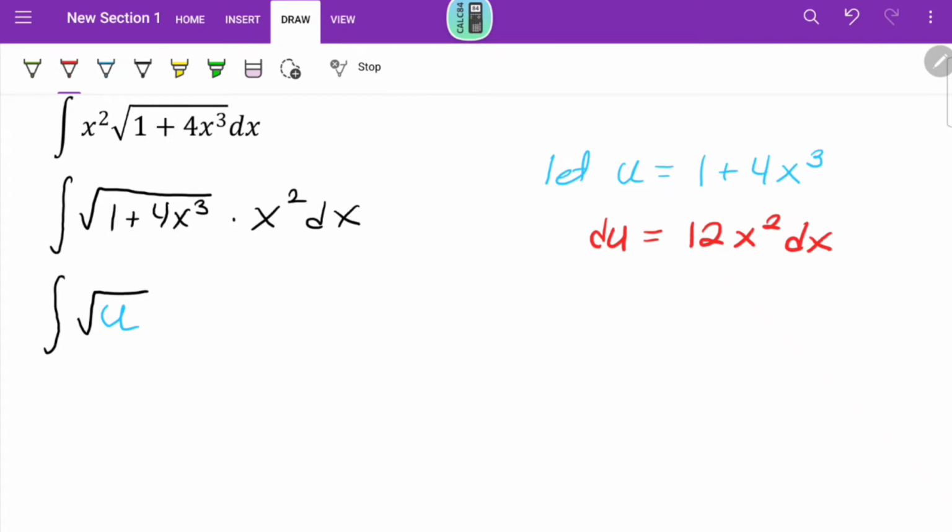Going back to the integral, we have an x squared dx right here. However, there's a 12 in front of that. That's an easy fix. We can divide both sides by 12.